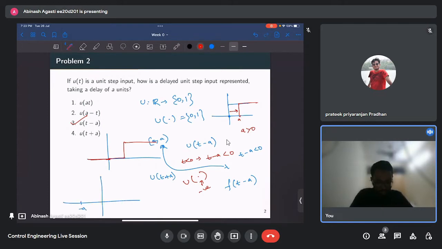On the left of it, that is for t less than minus a, for those arguments you will take in a negative value, so we will have 0 here without any issues. But as it crosses minus a, t plus a becomes greater than or equal to 0, so the unit step will start from here.